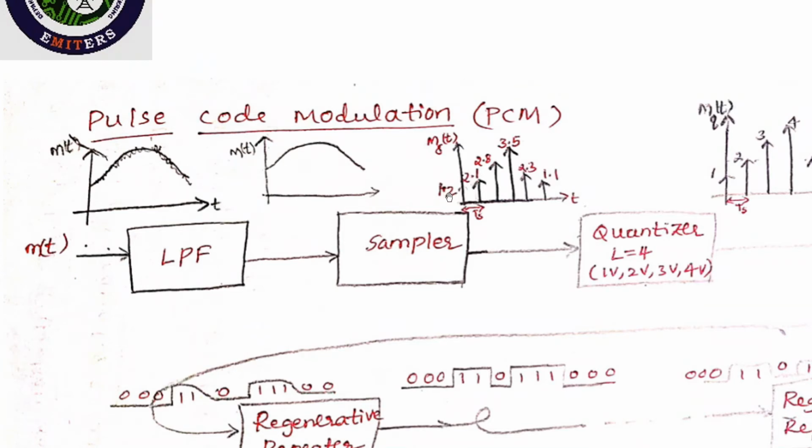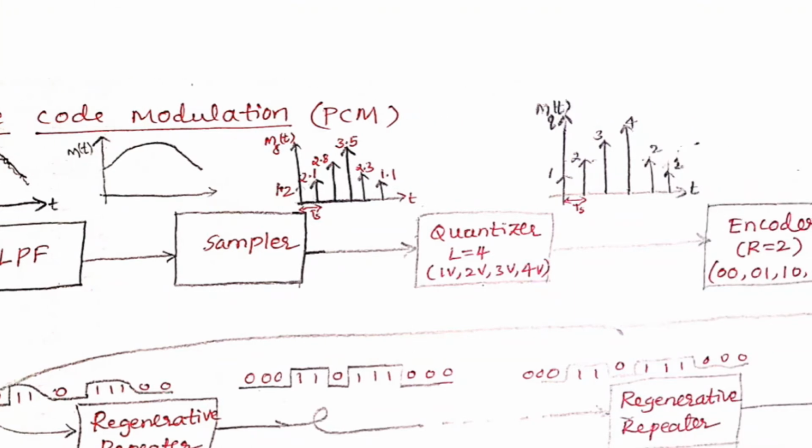So the amplitude might be 1.21, 2.13, 2.8345, like that, different voltage levels which are continuous because the signal was continuous when it was sampled. That's why we apply the signal to a quantizer, to get discrete voltage levels so that we can encode them in the next stage.